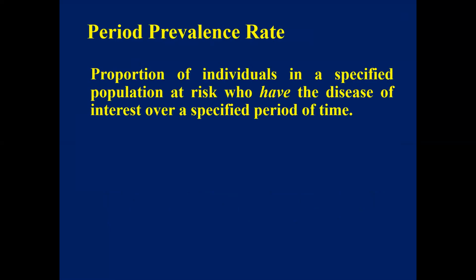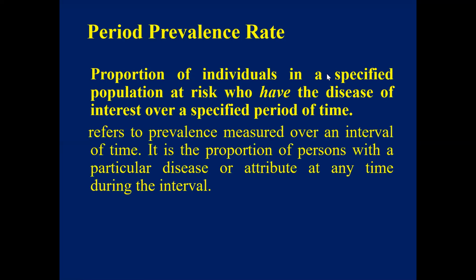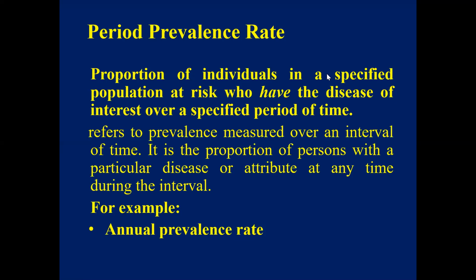Now what is period prevalence? Period prevalence is the proportion of individuals in a specified population at risk who have the disease of interest over a specified period of time. For example, you are measuring the prevalence over a particular year.